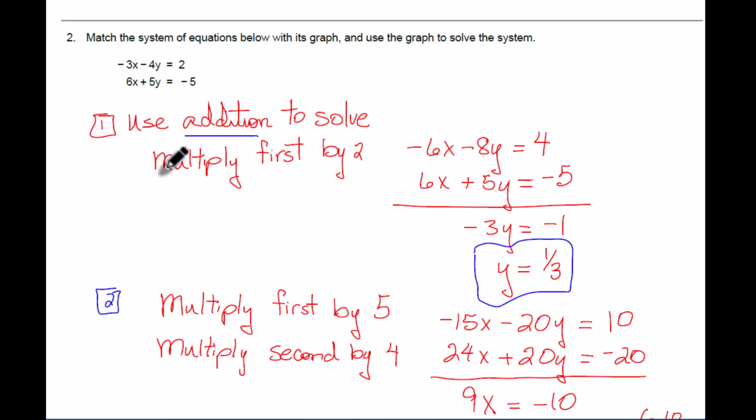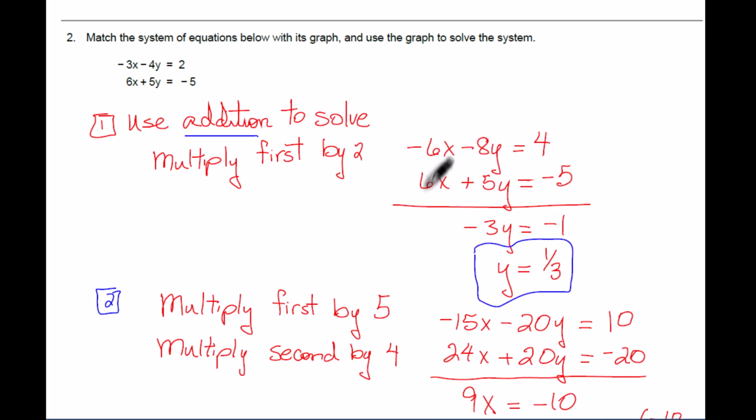All right, so I think I'm going to multiply the top one by 2. Why? Well, I've got a minus 3 there, and I've got a 6 there. Minus 3 times 2 would be minus 6, and if I add it to 6, that is 0. So I multiply all the way across, not just one number, but all of them, by 2. And so I get minus 6x minus 8y is 4.